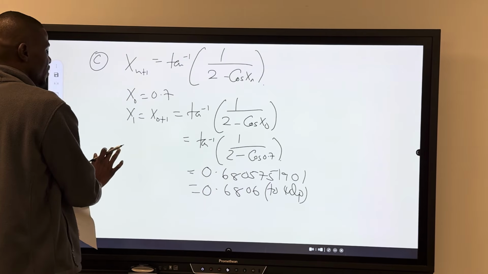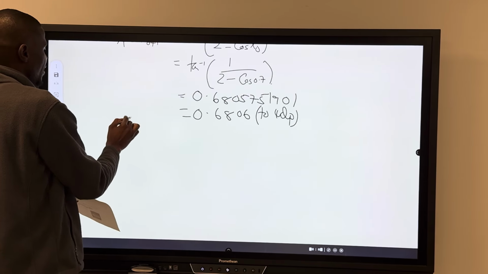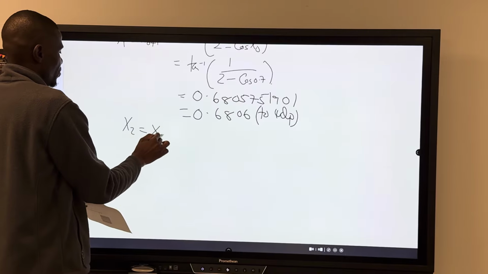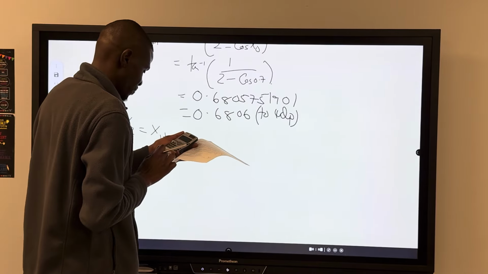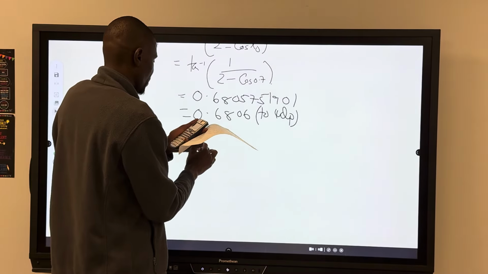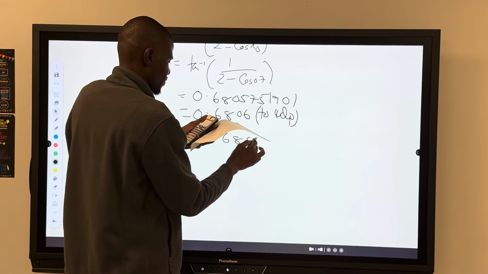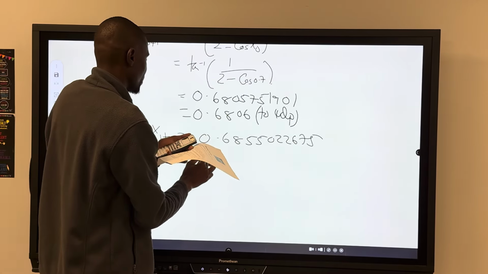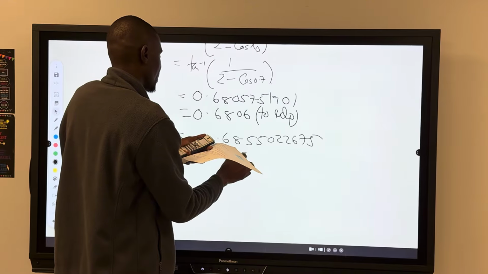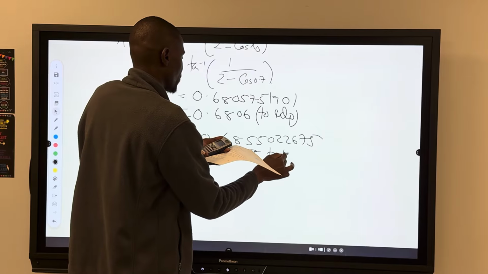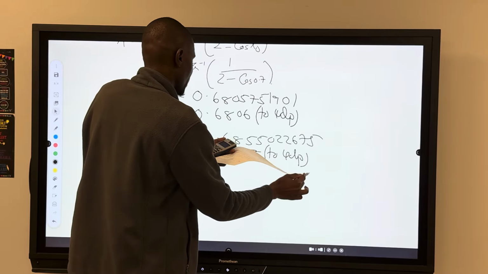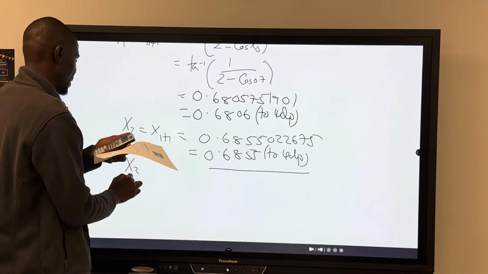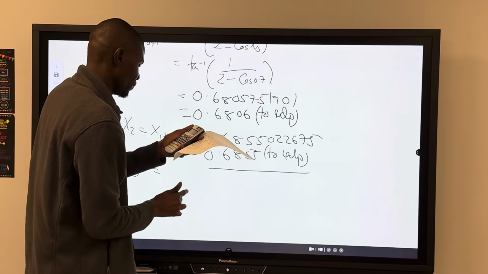So that's my x1. Then x2, we know, is 0.6855022675, which is 0.6855 to 4 decimal places.